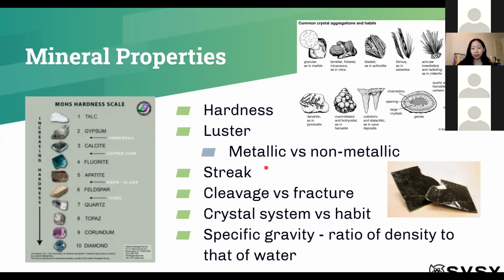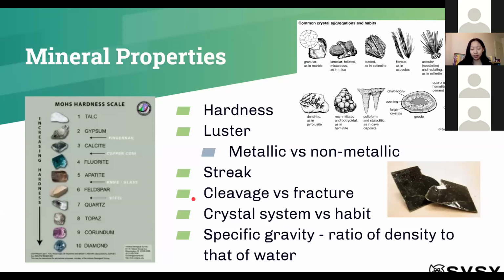You would scratch the mineral on that porcelain, which is called a streak plate, and the color that the mineral leaves behind is the streak. The streak is actually a better way of identifying a mineral compared to its color, because the same mineral can have a variety of colors, but it usually will have the same streak.